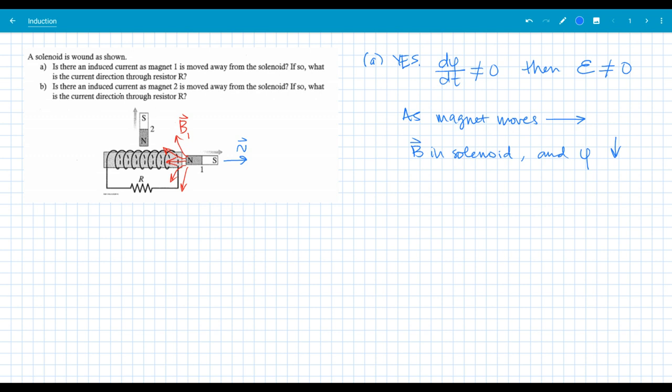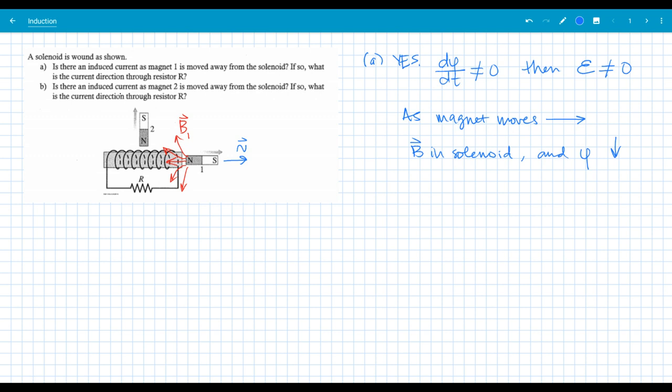The solenoid is going to oppose that change. This is what happens with induction: nature doesn't want that change to happen. The solenoid is going to produce current to produce a leftward flux.